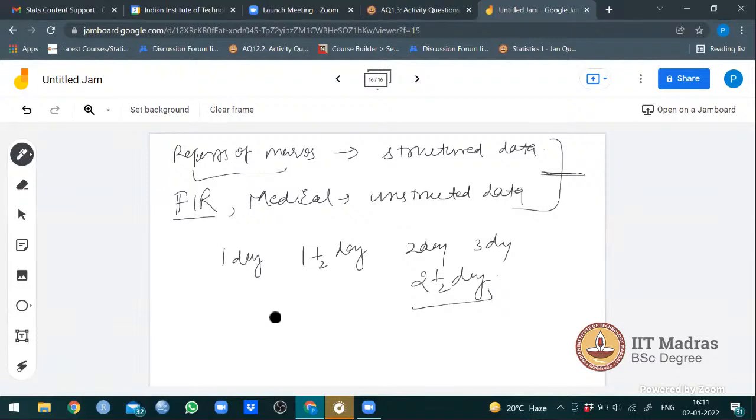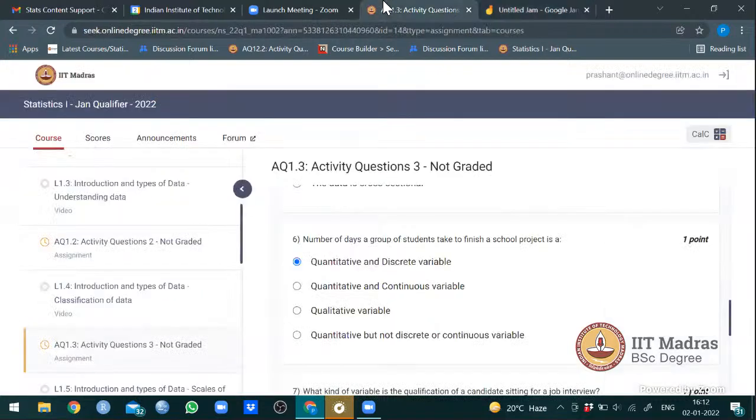Suppose I'm saying timing, so it can be 1 day, or you can say 24 hour and 15 minutes, like this. It's about day. You can count it. You have submitted the assignment on this day. You have submitted this assignment after 2 days. You have submitted the assignment on 2nd day. You have submitted the assignment on 3rd day. So you can count, right? Yes, sir. Thank you so much.